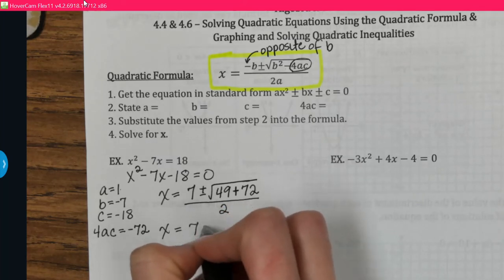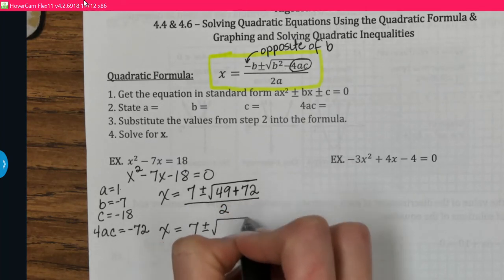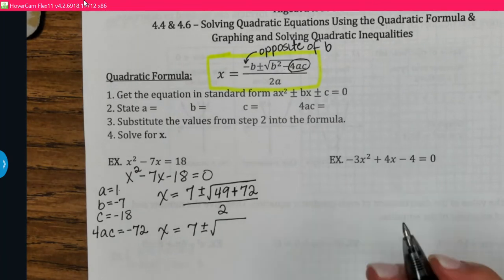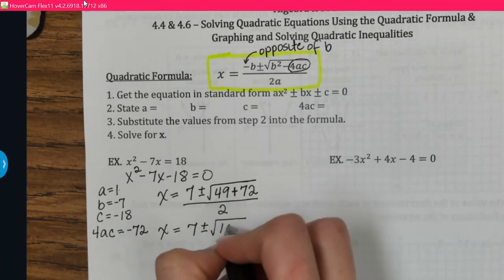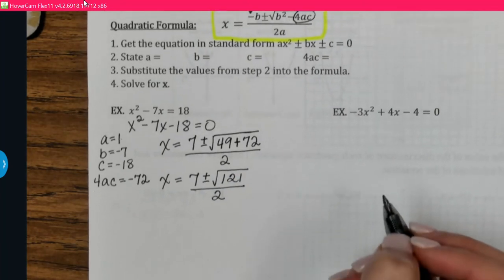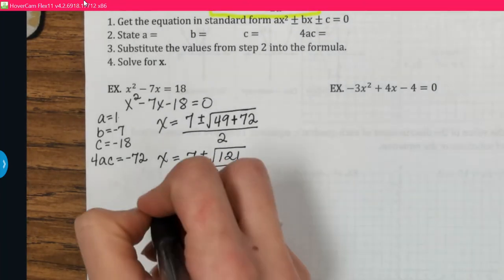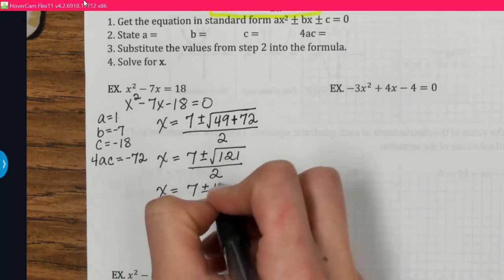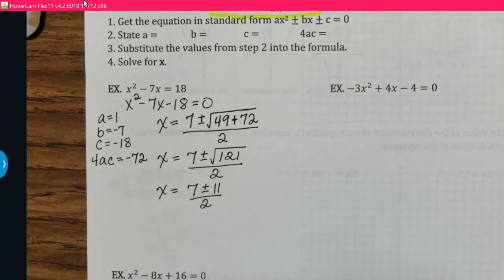I've got 7 plus or minus the square root of 49 plus 72 is going to give you what? 121 all over 2. So the square root of 121 is 11 all over 2. Now what happened when we were completing the square and doing everything else? If you have a perfect square, you end up splitting it.